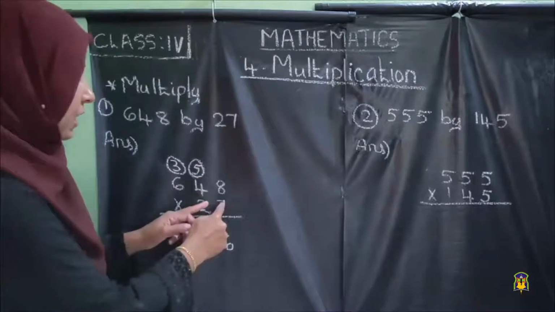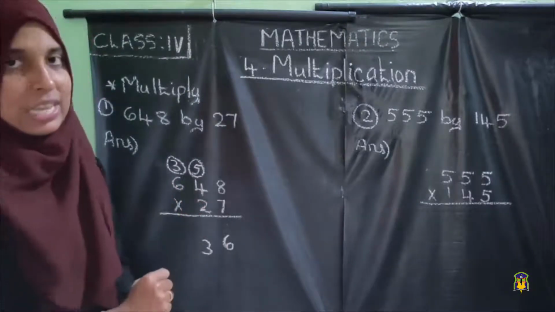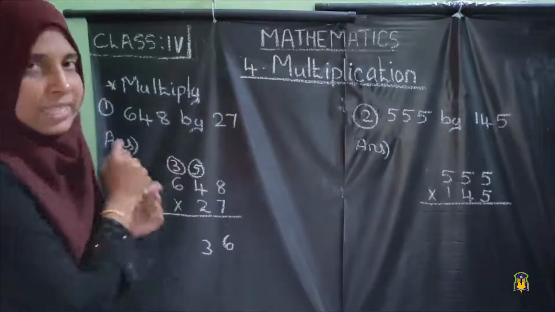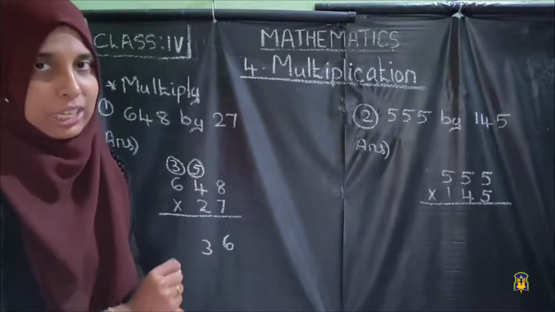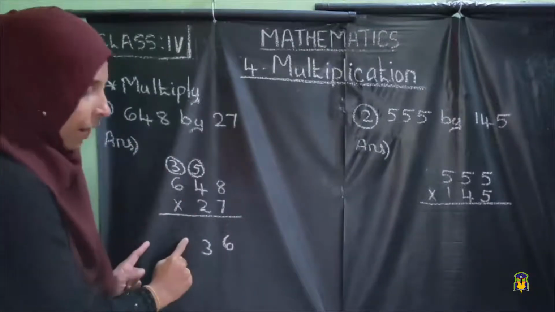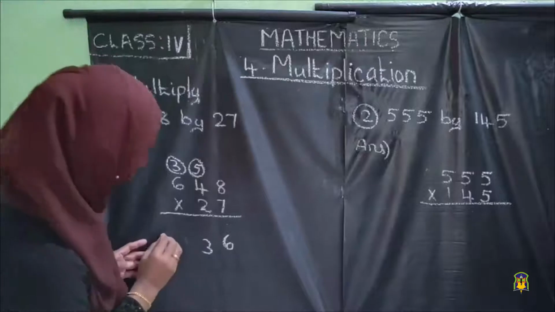Okay, then 7 into 6. 7 into 6 is 42. 42 plus 3 carryover is 45. Okay, there is no other numbers here, so we can write 45 here itself.